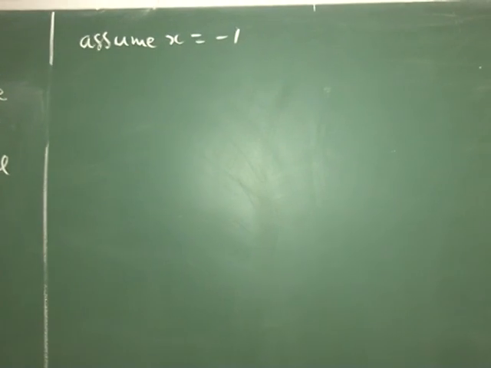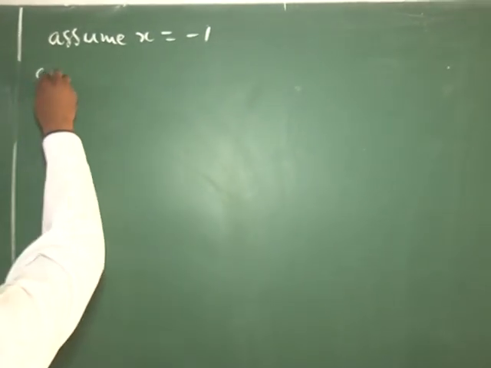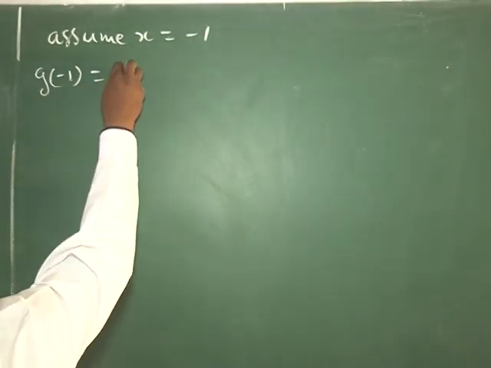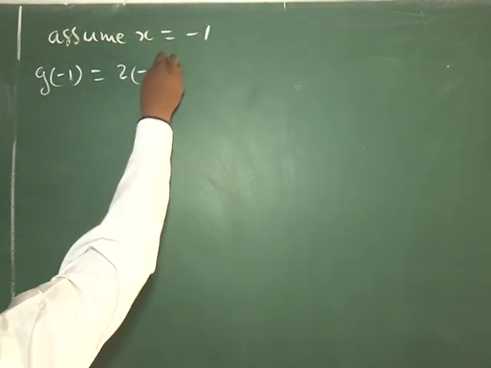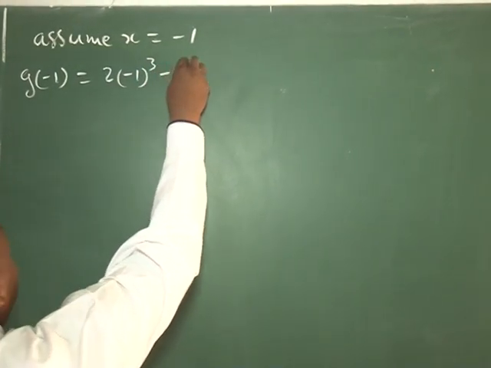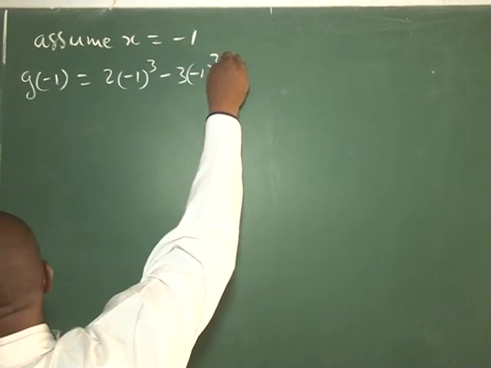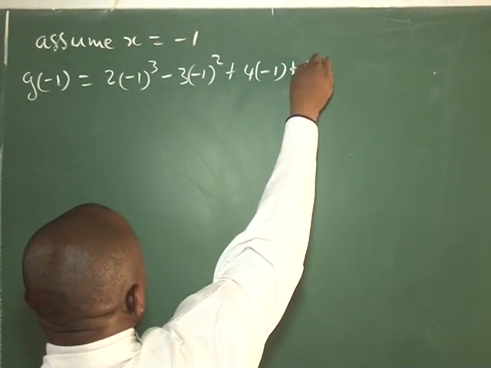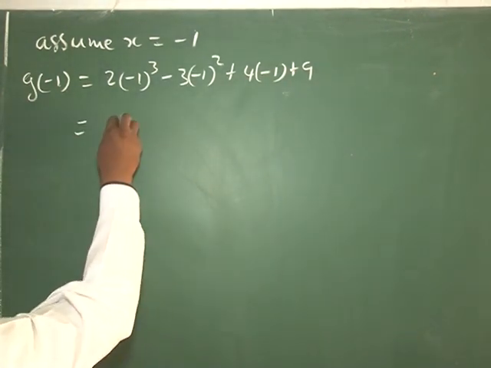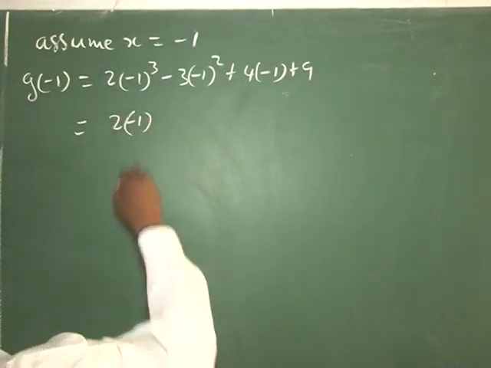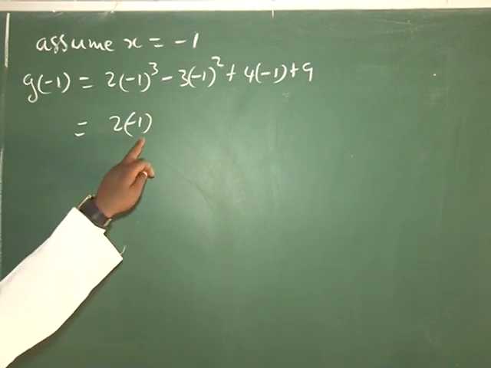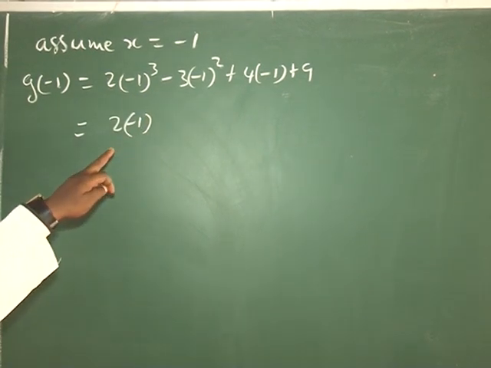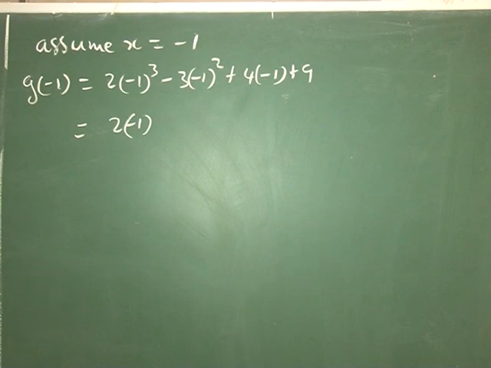If I assume x equals minus 1, I will have g of minus 1 equal to 2(minus 1) cubed minus 3(minus 1) squared plus 4(minus 1) plus 9. That will give us 2 times minus 1, because minus 1 cubed is minus 1.